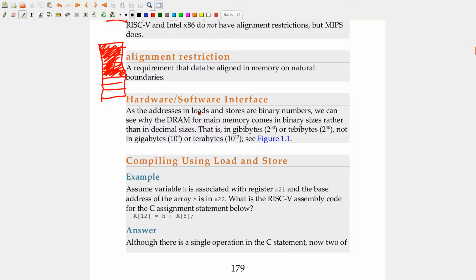I don't know if you missed the question. Without alignment restrictions, could you also overwrite half a word, for instance? No, it's going to be smart enough. So this is, of course, in a theoretical scenario. If you didn't have alignment restrictions, that means you would have to prevent that in the architecture. You can prevent overwriting something in the architecture like that.